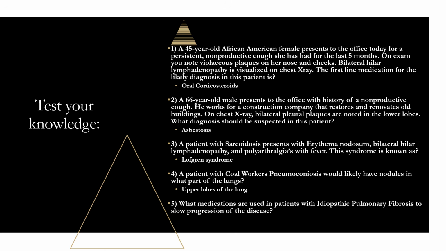And then question 5, what medication is used in patients with idiopathic pulmonary fibrosis to slow progression of the disease? So remember, there's really only 2 medications you're going to be using in these patients that have proven benefit to slow the progression, and that's going to be pirfenidone and nintedanib. Those are the only 2 medications that have shown any benefit in this disease.